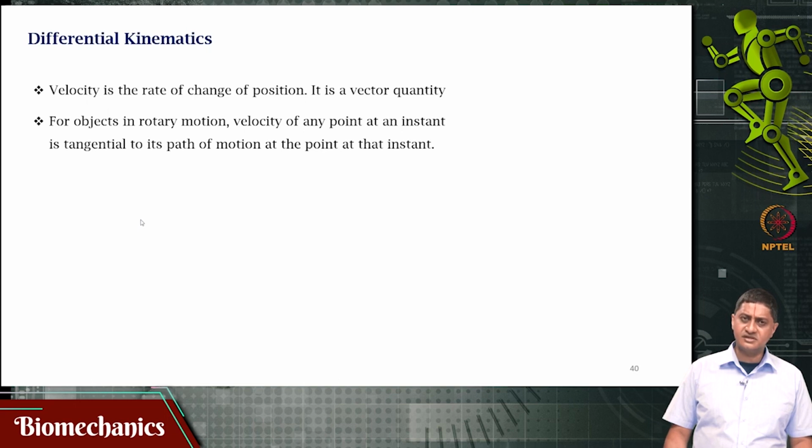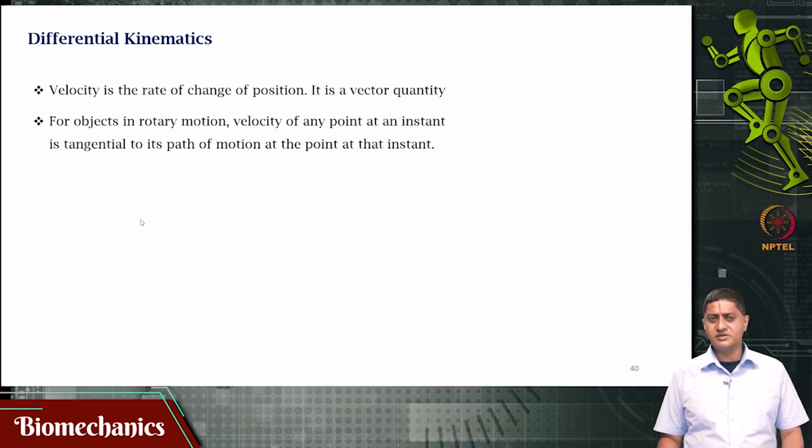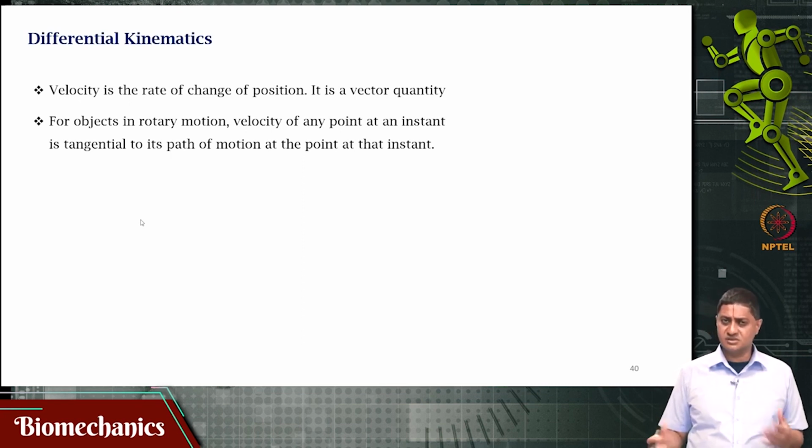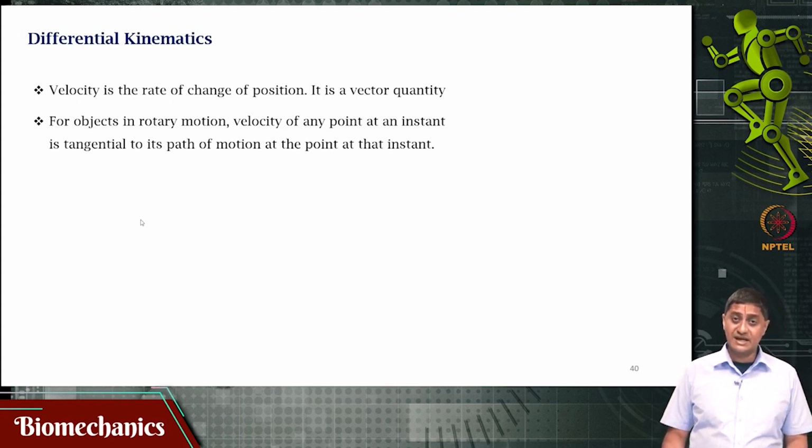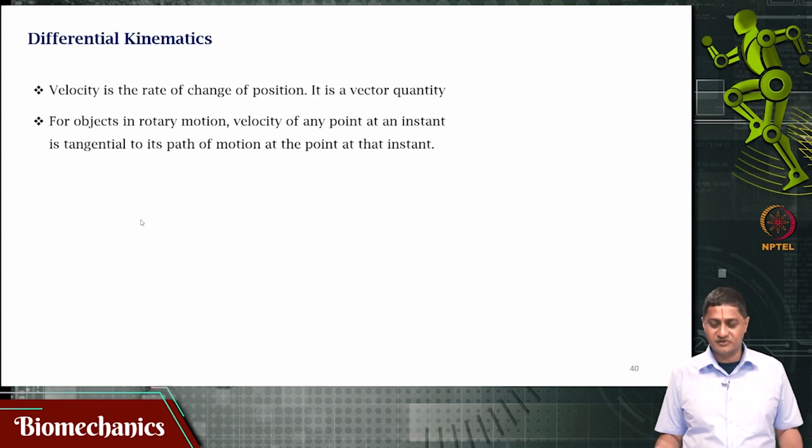The scalar quantity corresponding to velocity is speed, which is essentially just the magnitude of velocity without direction, right. So, you need both direction and magnitude to describe velocity completely, because it is a vector.